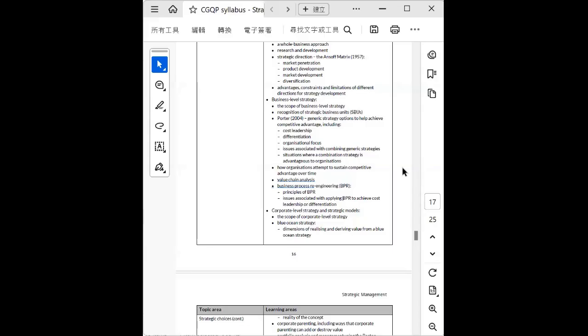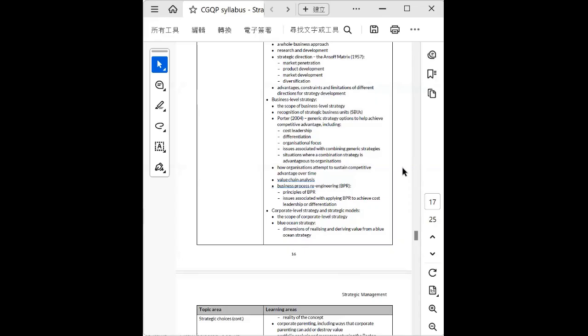Issues associated with BPR, well, there are challenges such as resistance to change. Again, that could be a question related to change management in section F. High implementation cost and potential disruptions.